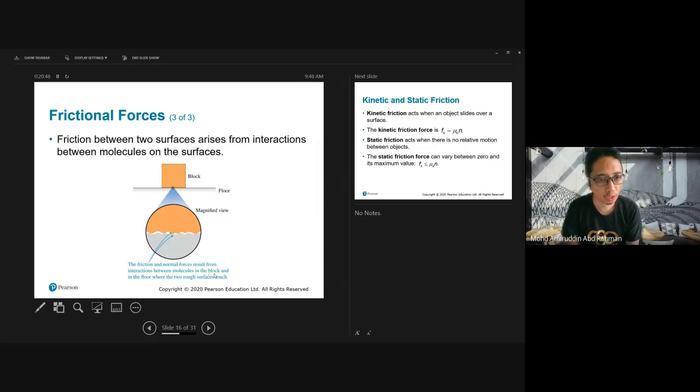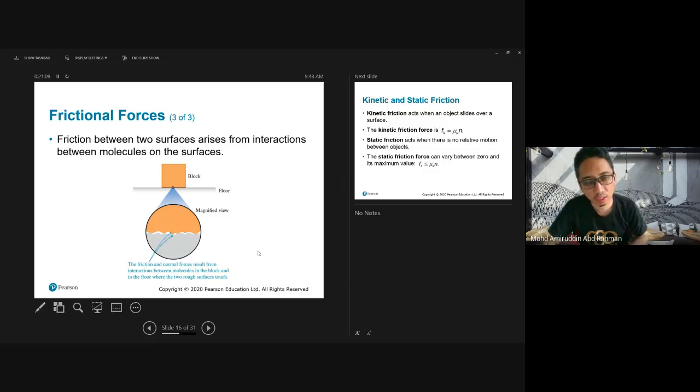As you can see, we have the block and the floor. If we magnify it, we look at the friction and normal force results from the interaction between the molecules in the block and in the floor where two rough surfaces touch.